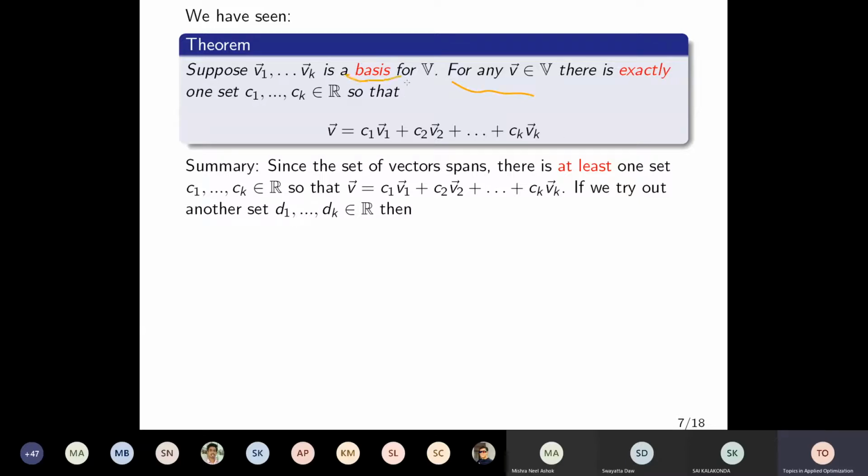So if v1, v2, ..., vk is a basis, then there is exactly one unique coordinate. This is an interesting observation here. If it so happens that your vectors are linearly independent and it is a basis, then your coordinates will be unique. Otherwise, you may find different coordinates for the same point. That's the takeaway from here.